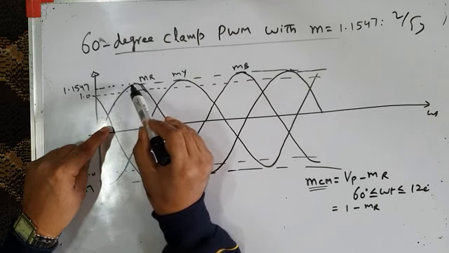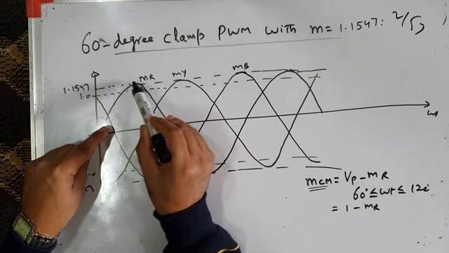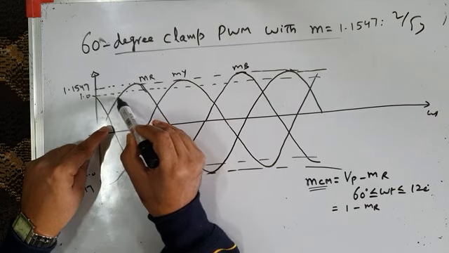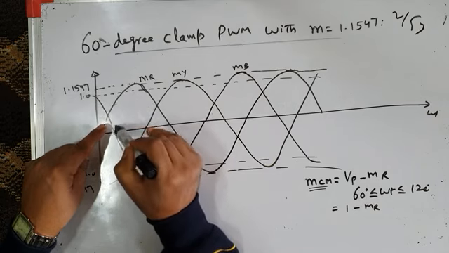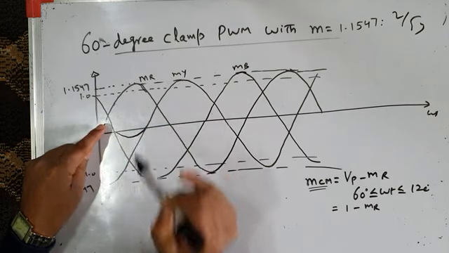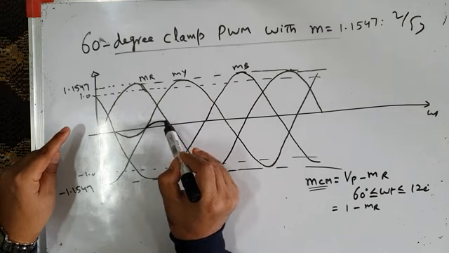Mr goes up. For example, at this point, Mr is 1.154, and it is having maximum positive value, and 1 is less than this, and therefore what will happen over this period? This is my MCM. It is negative. Let me first draw, then I will explain.